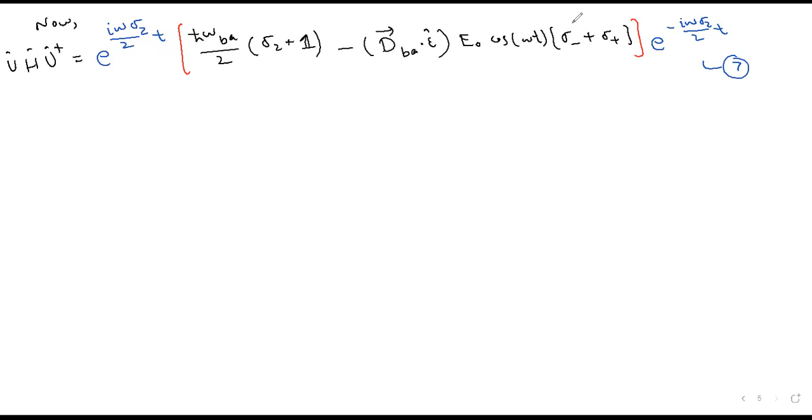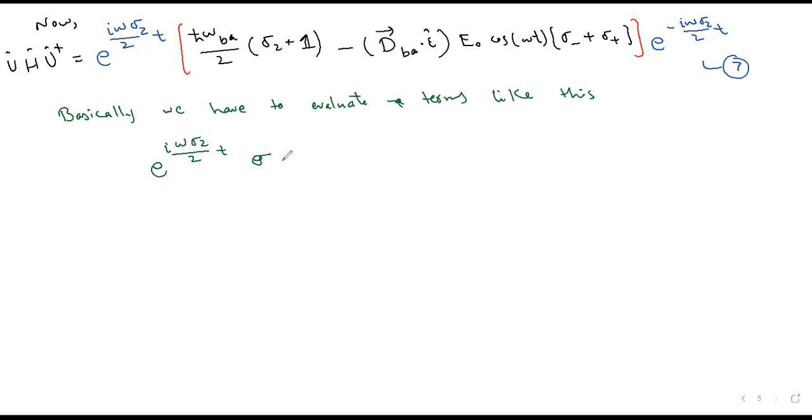So in this calculation, basically we have to evaluate terms like this, iota omega I sigma I, where omega I is either omega minus or omega plus.